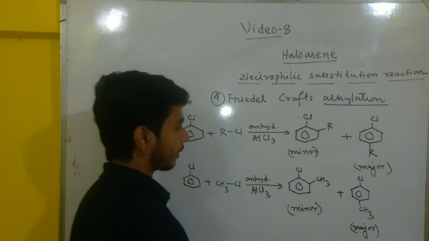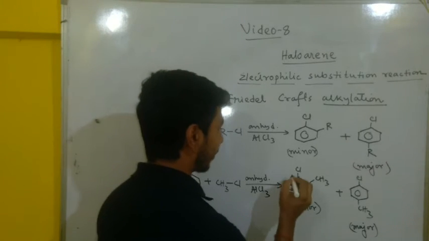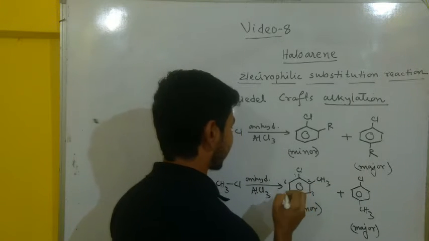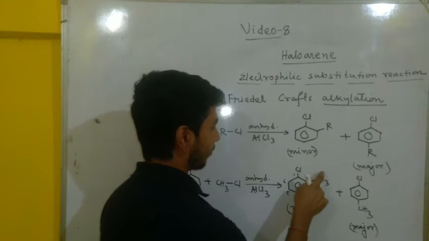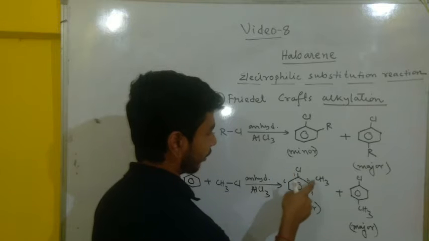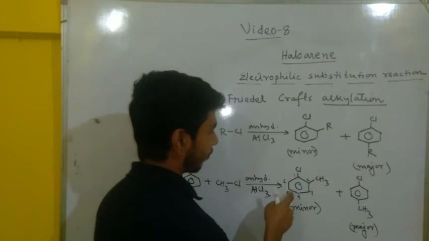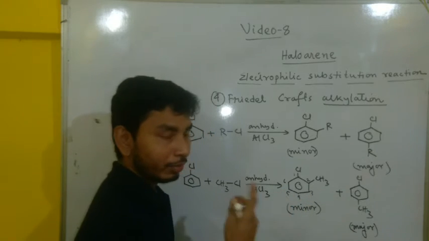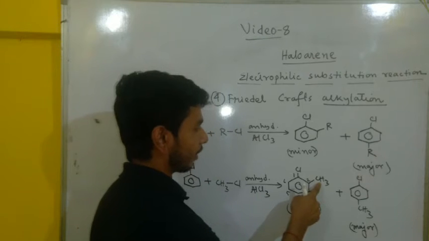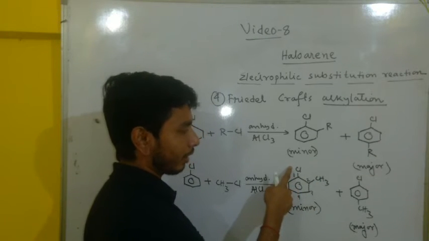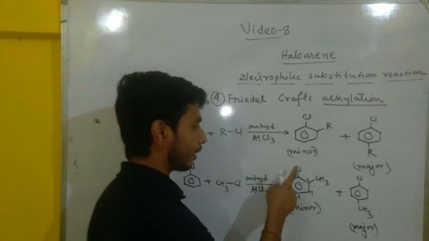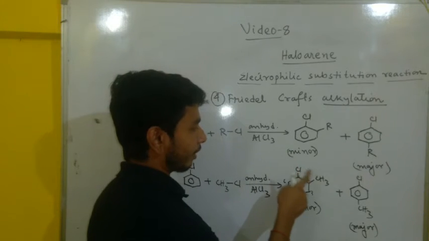Now name of these two products, if we number it 1, 2, 3, 4, 5, 6. So 1 chloro, 2 methyl benzene. But here it would be wrong to write methyl first because of alphabetical order. Chloro is C and methyl is M, so C is earlier than M. So alphabetically chloro should be first, then methyl.